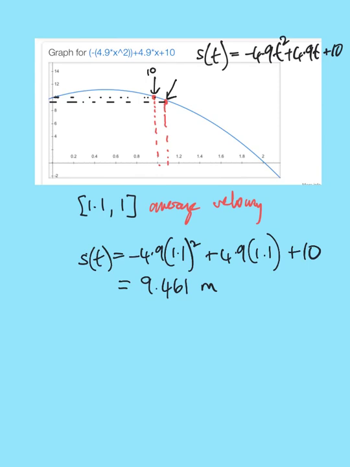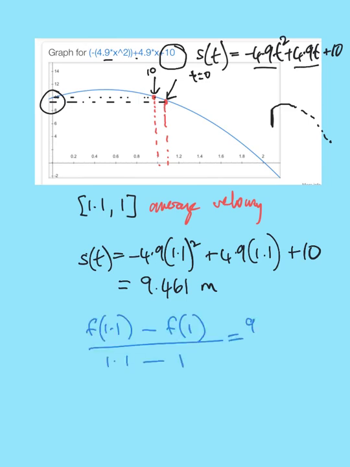So he's obviously gone, if the platform's here, he's obviously gone up a little bit and down a bit as he's gone into the water, because we know that the diving board is 10 meters above the ground, because at t is equal to 0, like at the very beginning, these two things cancel out if t is 0.